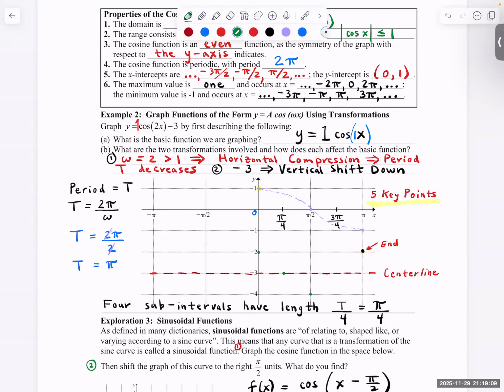The fourth key point will be at 3 pi over 4, and the function value will be -3. And then the fifth key point will be at pi radians, and the function value will again be repeating at -2.